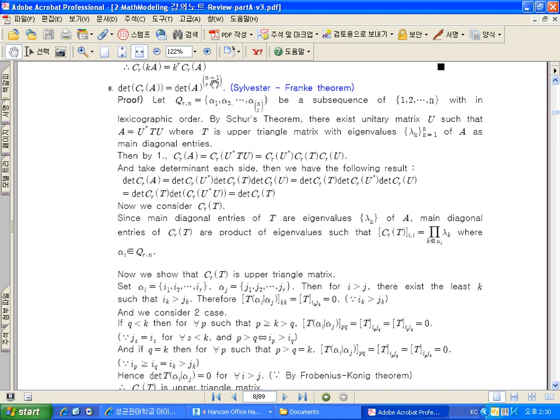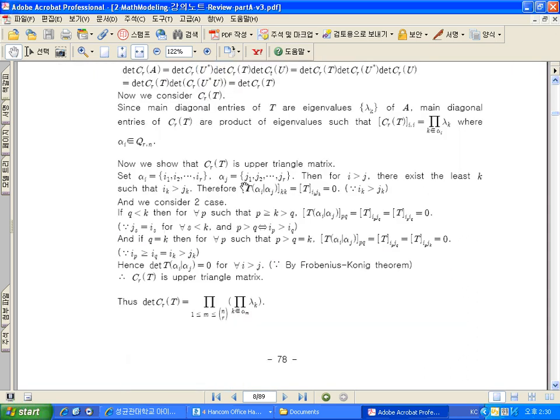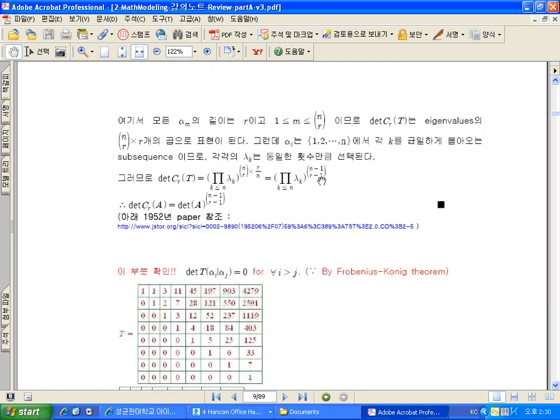This number, n-1 choose r-1, comes out from those repetition numbers that lead us to this relationship, which ends in this equation, which is the proof of this theorem.